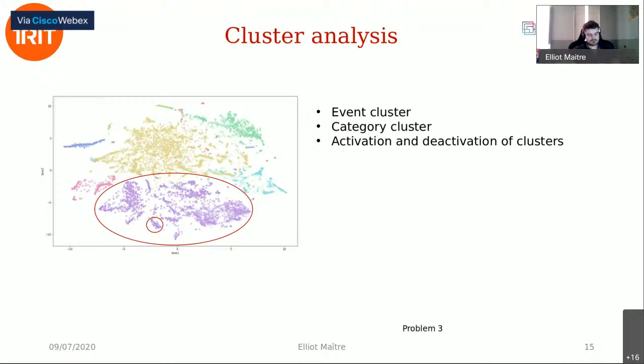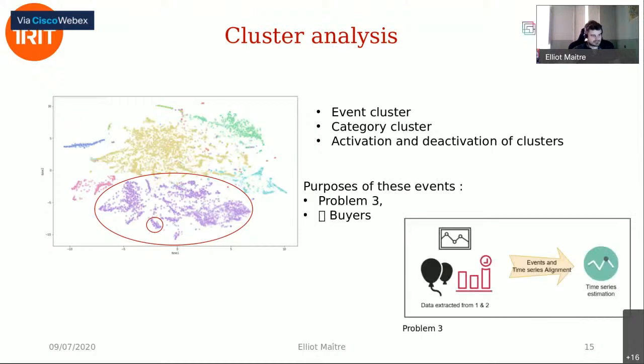And when the density of new documents varies and then maybe stops, it means that the event is not discussed anymore. So it might be over, or it might have moved to another event. We think that studying the density of new documents in a specific area of the embedding space will allow us to understand what is currently happening.